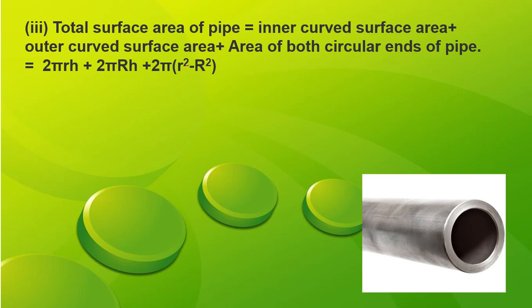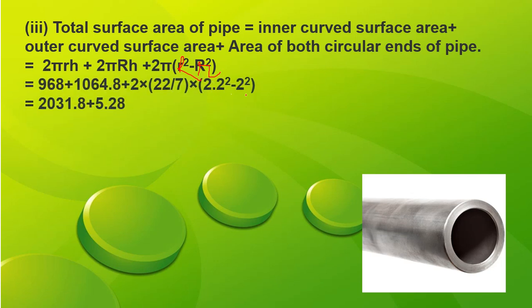It is R square minus small r square. So 2 pi r h plus 2 pi R h plus 2 pi, put the value here, 2.2 square minus 2 square.